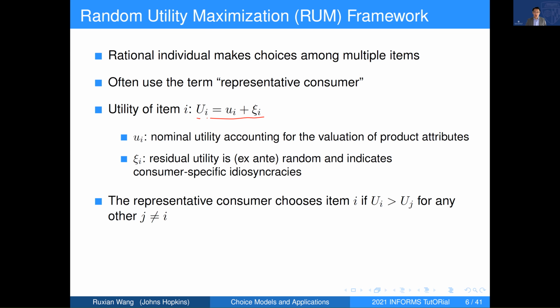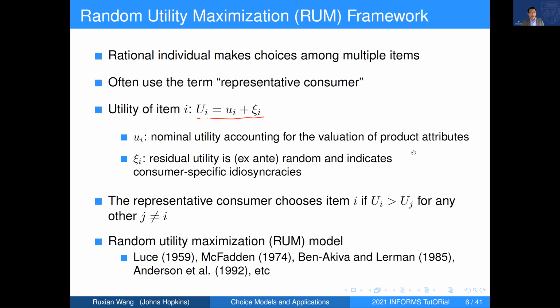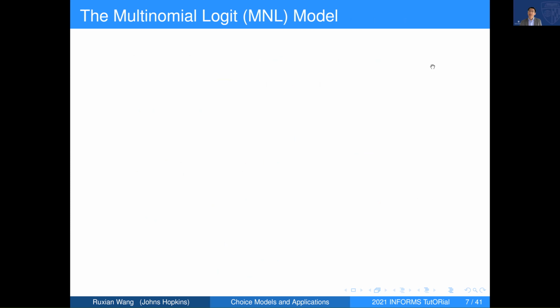The representative consumer chooses item i if its utility U_i is greater than the utility for any other item j. The random utility maximization framework has been well studied in the literature. Today, we are going to talk a lot about the random utility maximization framework. On this framework, we can develop different choice models.